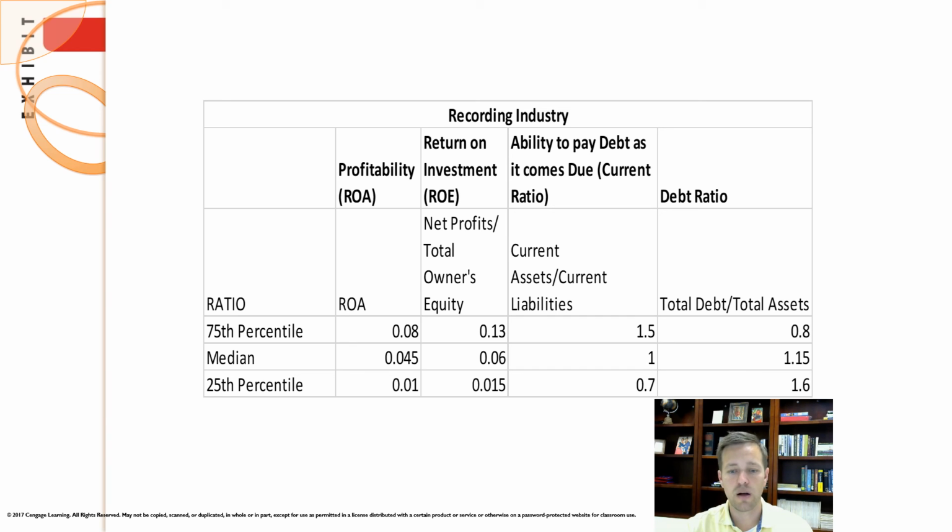In other words, I've got more bank financing or debt financing than most other recording industry businesses have. And that might make me a little bit excited and nervous about the future, right? It's a risky position to be in, but there can be some upside.